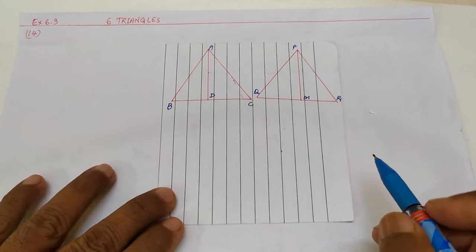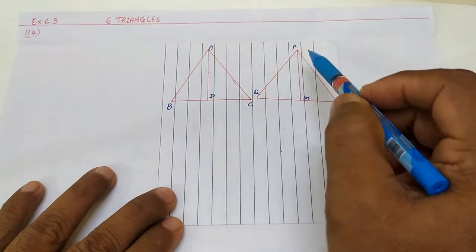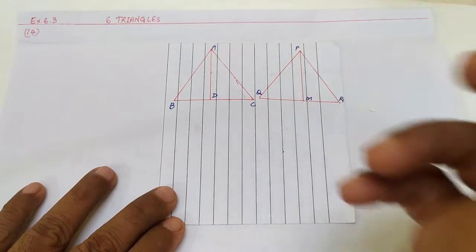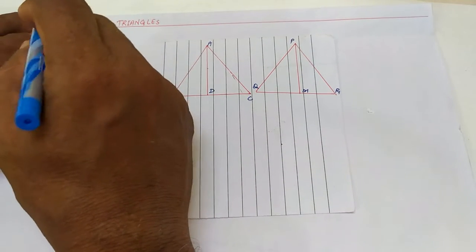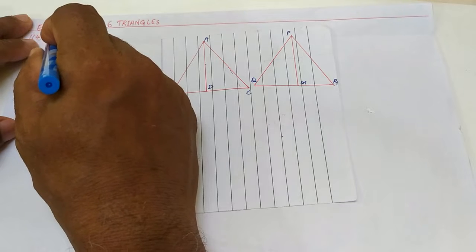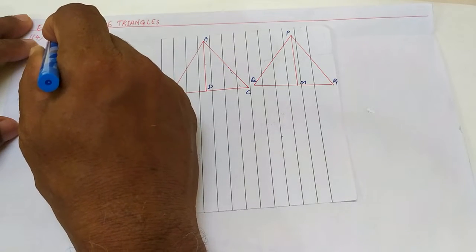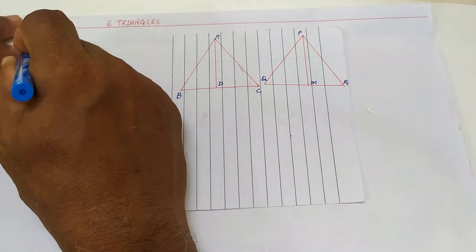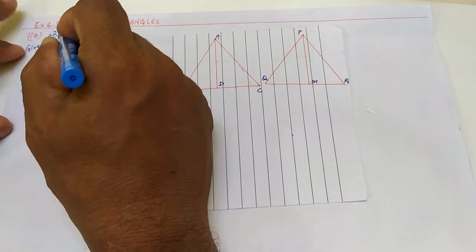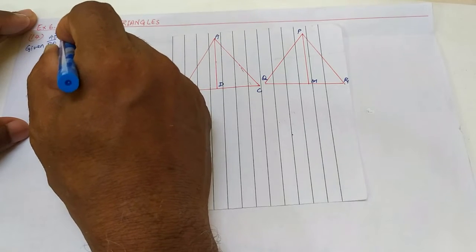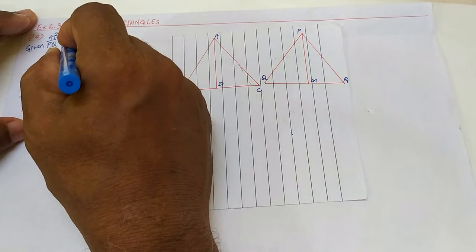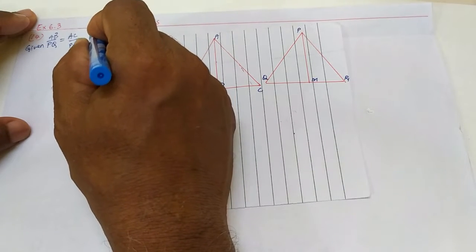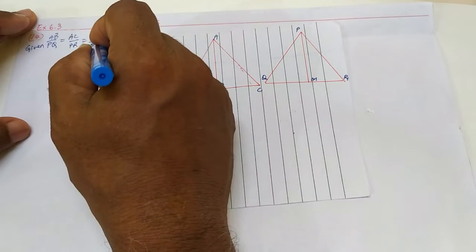Now we have to prove that angle A is equal to angle P. First let us write down what we have been given: AB upon PQ is equal to AC upon PR, which is equal to AD upon PM.